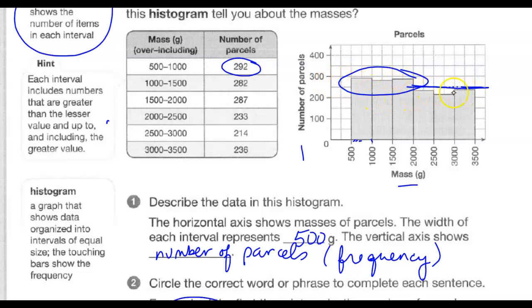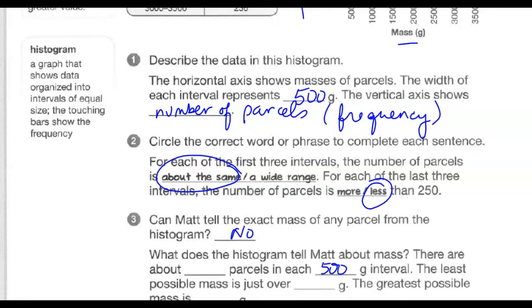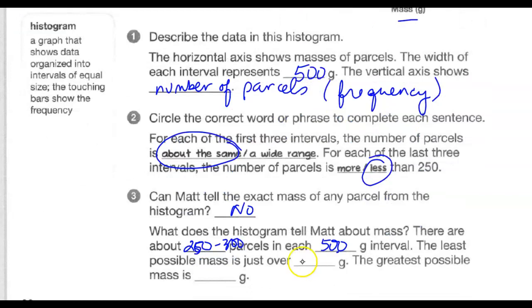In the second three, there was about 250. They're somewhere between 250 and 300. Well, a little less than 250, I guess. So I'd say maybe on average 250 to 300 parcels in each, and 3,500.